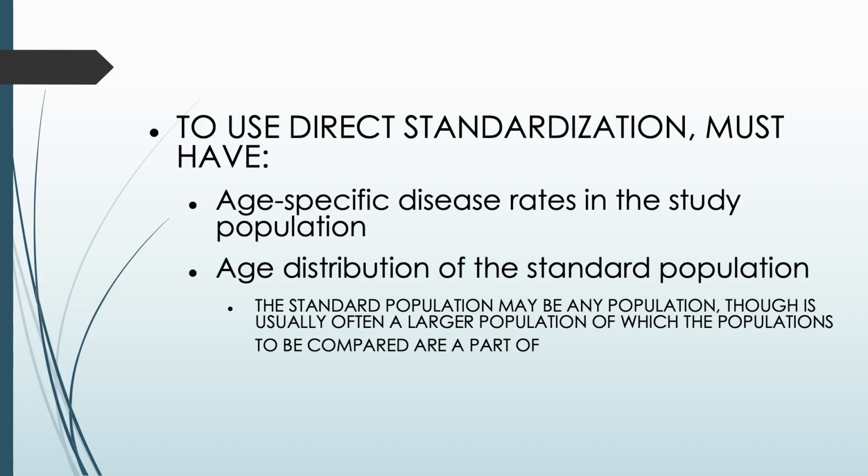To use direct standardization, you must have age-specific disease rates in the study population and the age distribution of the standard population. The standard population may be any population, though it is often a larger population of which the populations to be compared are part of.